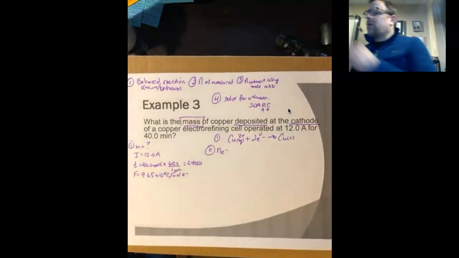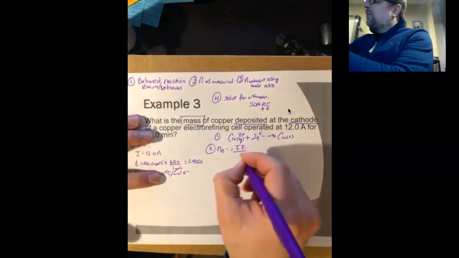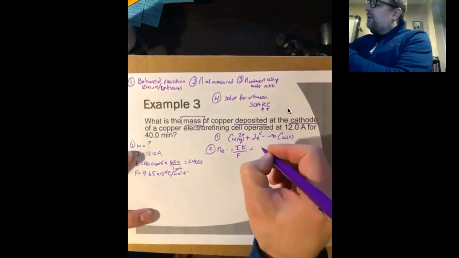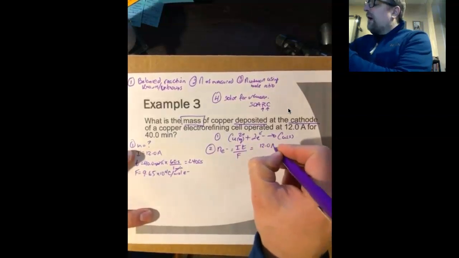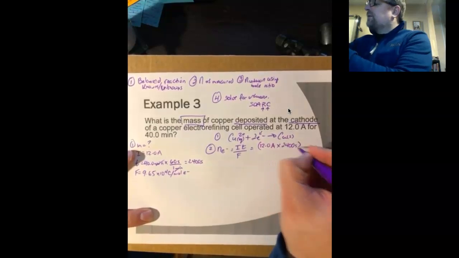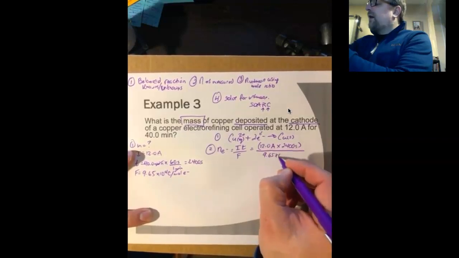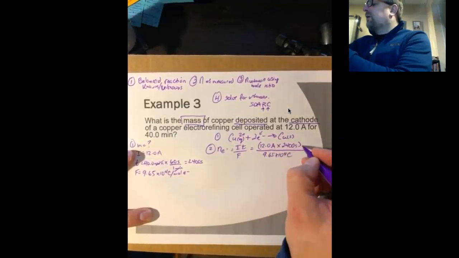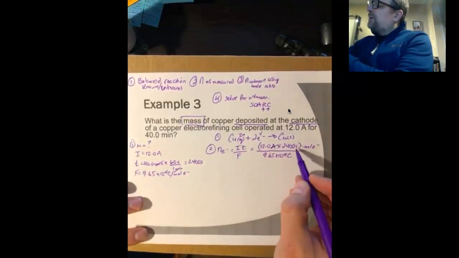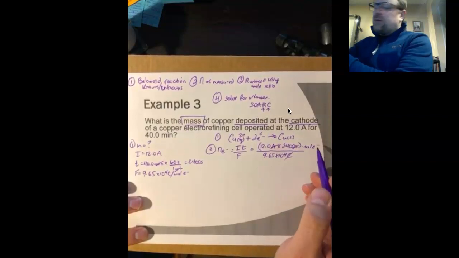So we can figure out the number of moles of electrons by using I t over F, which is 12.0 amps times 2,400 seconds divided by Faraday's constant, 9.65 times 10 to the 4 coulombs per mole of electrons. Remember, an amp second is a coulomb, so they cancel out, and we're left with moles of electrons.